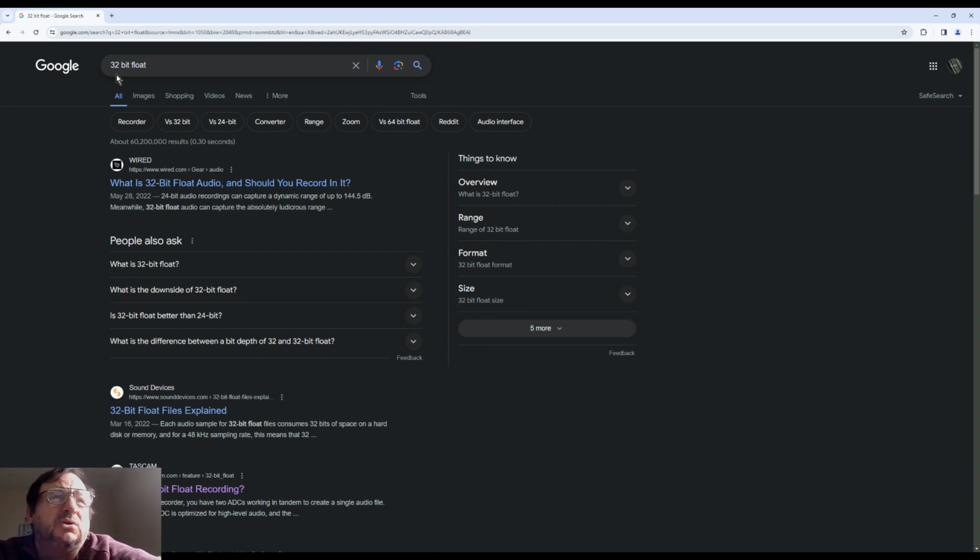Like I have a Bose sound bar, just a regular, not top of the line. I don't think a Bose sound bar will work with 32 bit float.